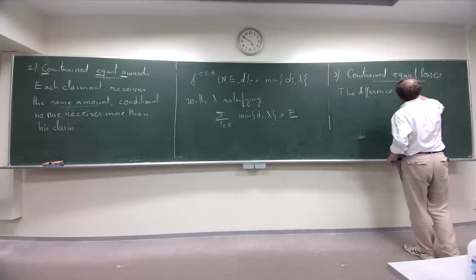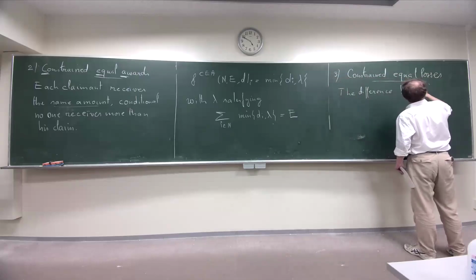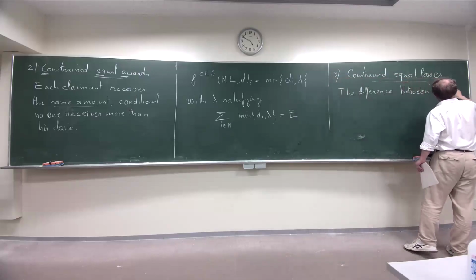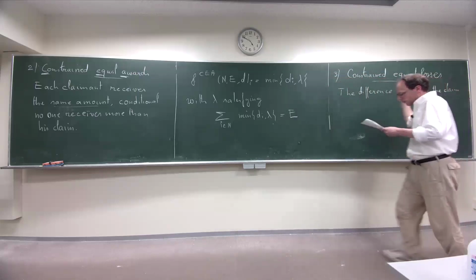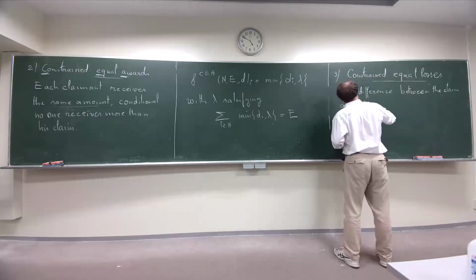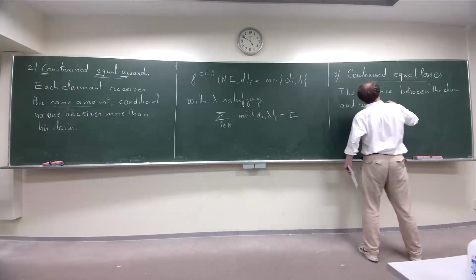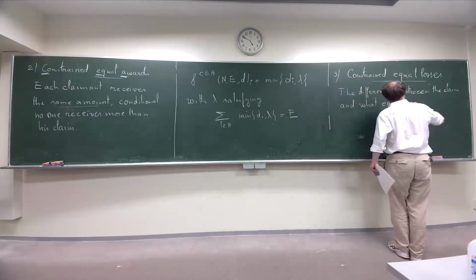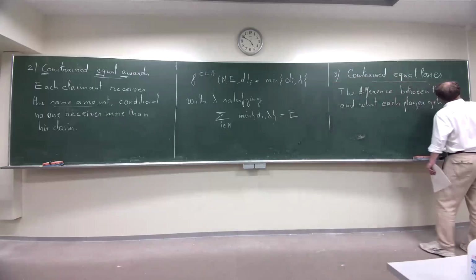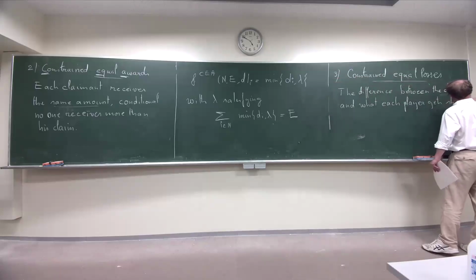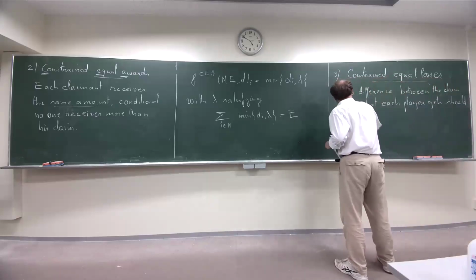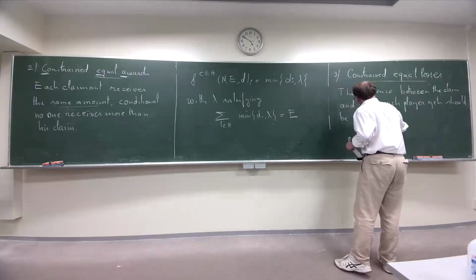The difference between the claim and what each player gets should be constant. Now it is this difference which should be constant, or should be equal, but again conditional to something.